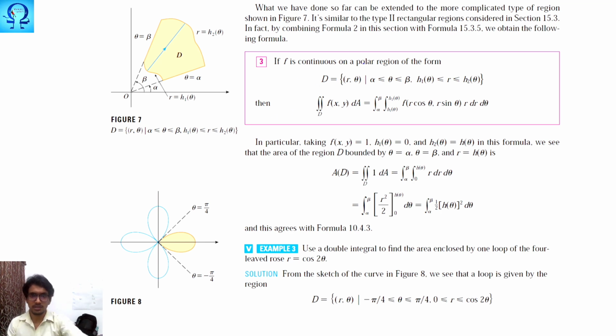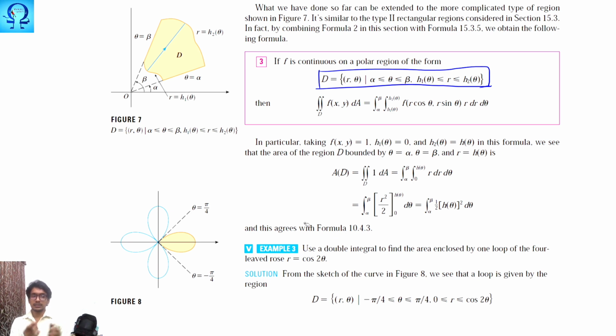If your function is continuous in a polar region, which is given like this, then in the place of r, where you had fixed values, here you are just going to have functions of theta. If you are asked to find the area of the shape, you just do the double integration of dA, the smallest polar rectangle area, and sum them up.